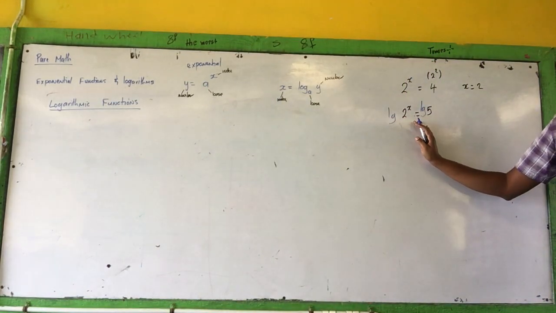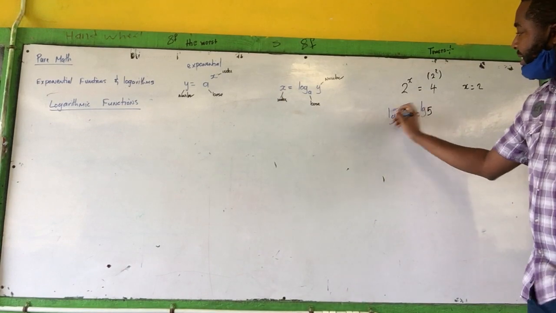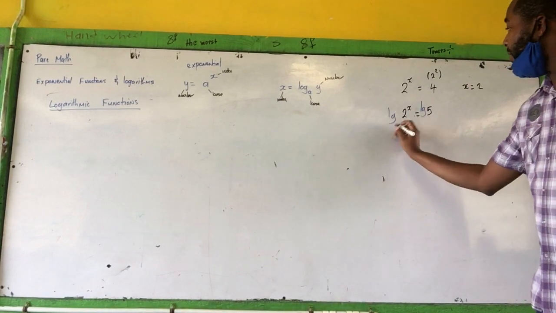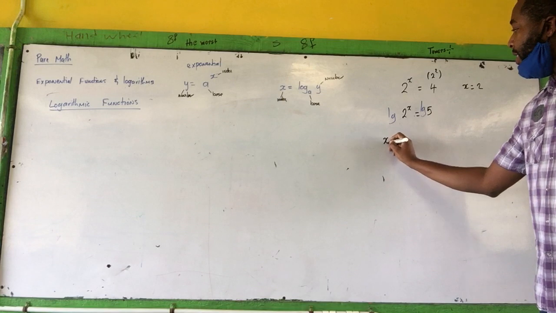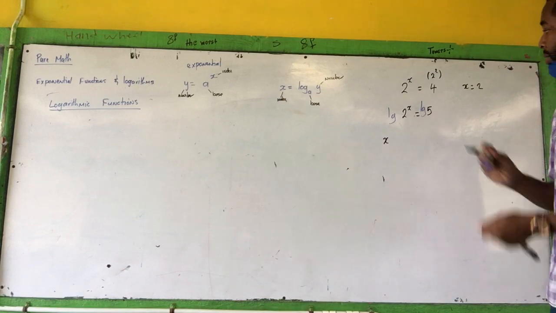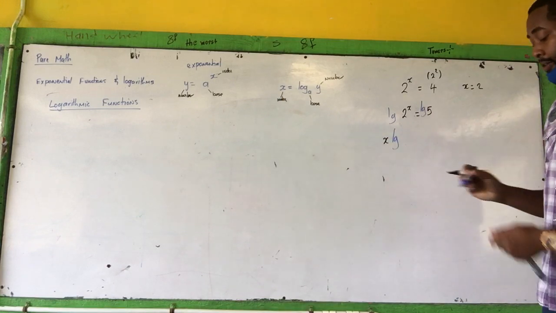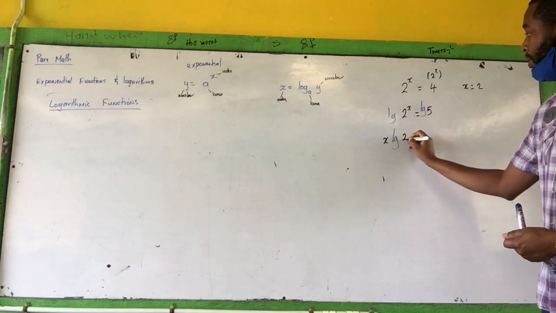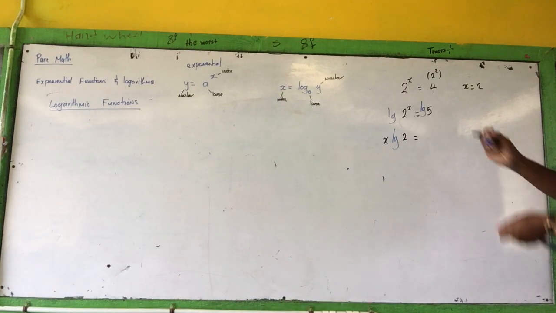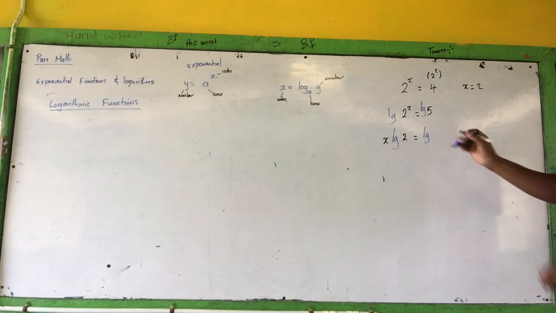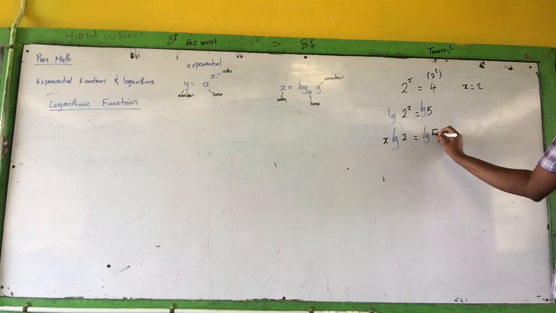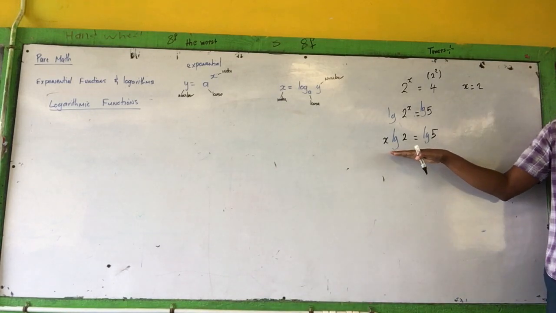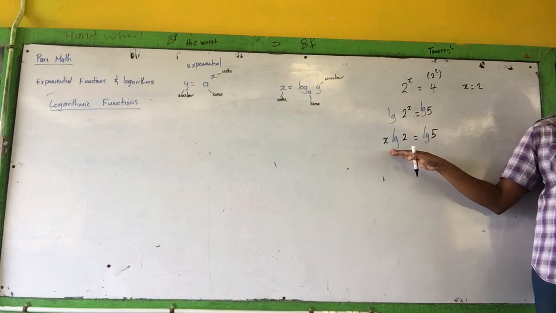What log allows us to do is take this x, and I use the color so you can follow, the index comes out front. So x log of 2 is now equal to log of 5. So now when you take this down, it's much easier to solve.